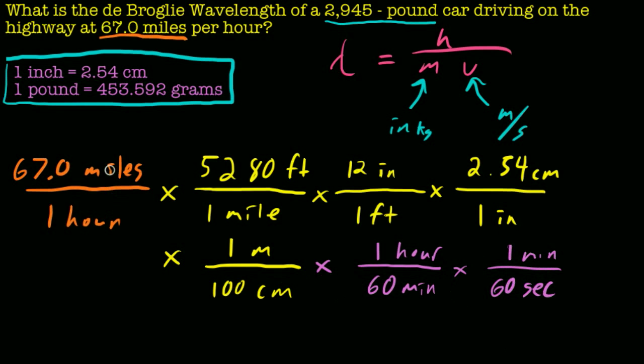And then that's it. We've converted everything. After we do all of this operation, we're going to be left with this velocity. We've got 67.0 miles per hour, and when we do all of this, we're going to have meters per second. So actually, I'm going to go ahead and get out my calculator.